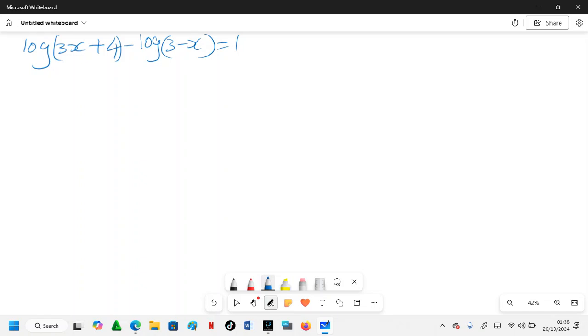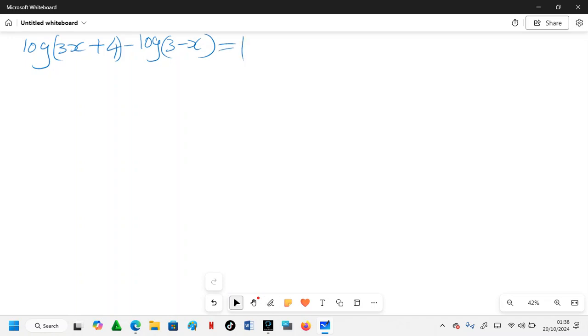So as usual, we want to make sure that we have one log on the left hand side and one log on the right hand side so that we can drop them, okay? So we have to write 1 in terms of log, and we know the moment we are not given the base, then it must be to base 10, right? Must be to base 10.